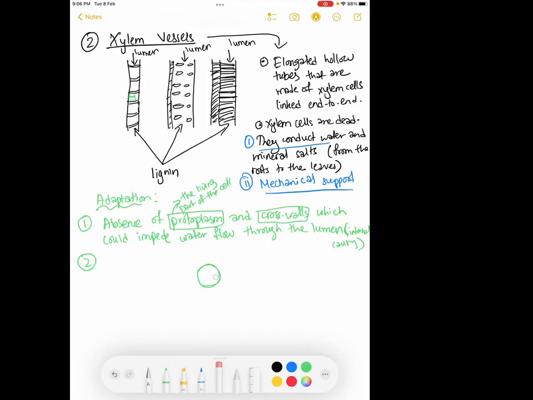So if this actually had cross walls, then এরকম এরকম ভাগ ভাগ হয়ে থাকতো, and then water তো obviously properly flowing করতে পারতো না. So that's why the lack of protoplasm and cross walls actually make them perfect for this function.